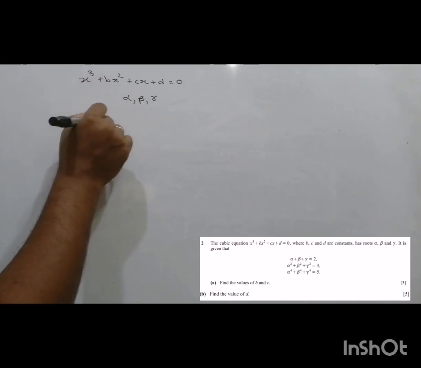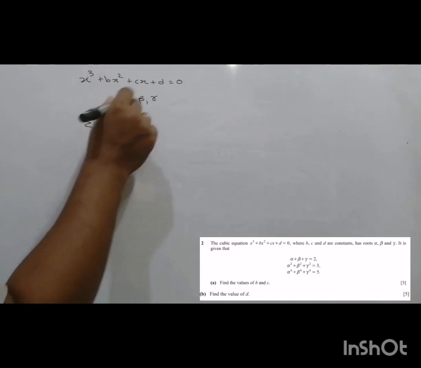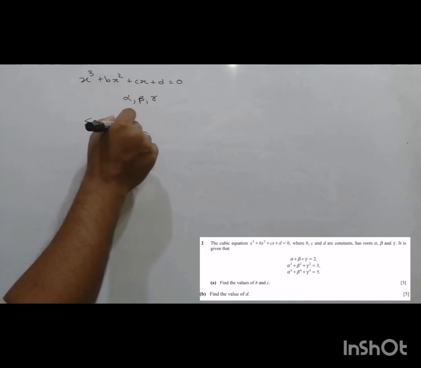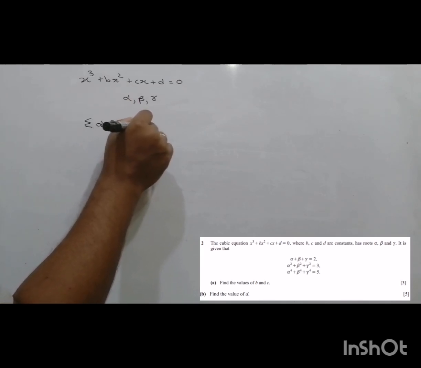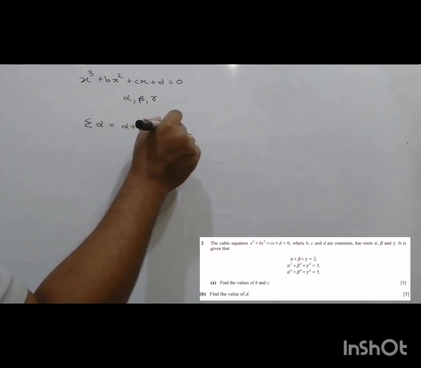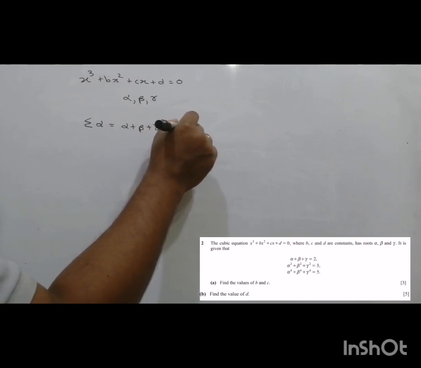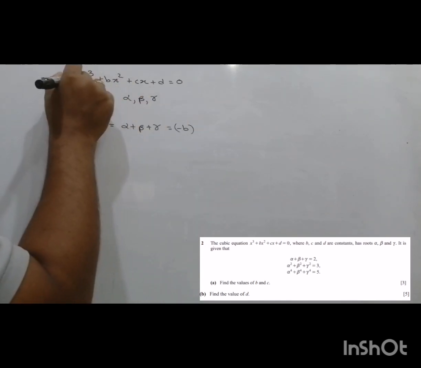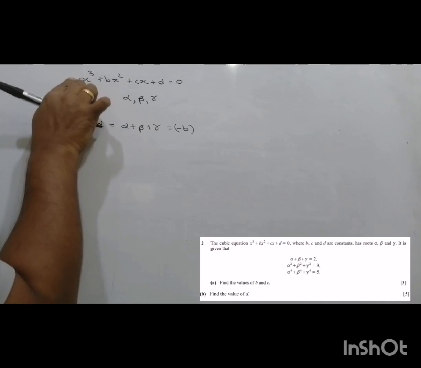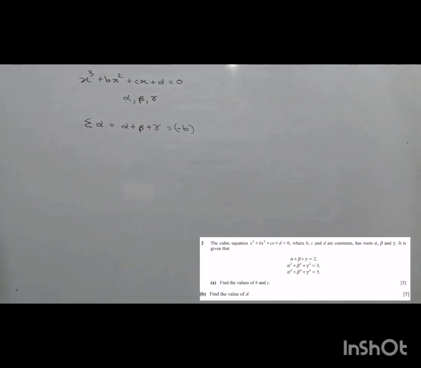So sigma alpha, in other words, the sum of the roots taken on their own, that is alpha plus beta plus gamma, is going to be negative b divided by 1. The coefficient of the x cubed term is 1, so it's just negative b there.